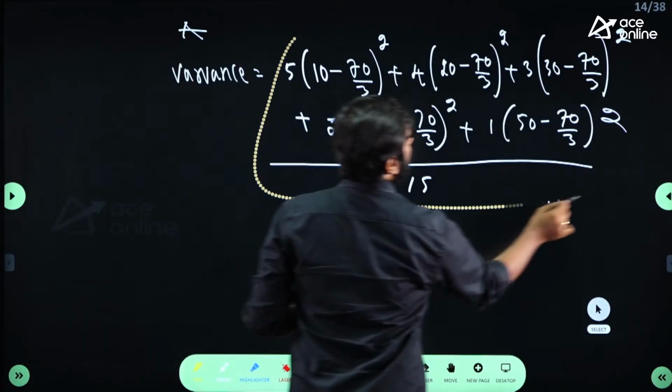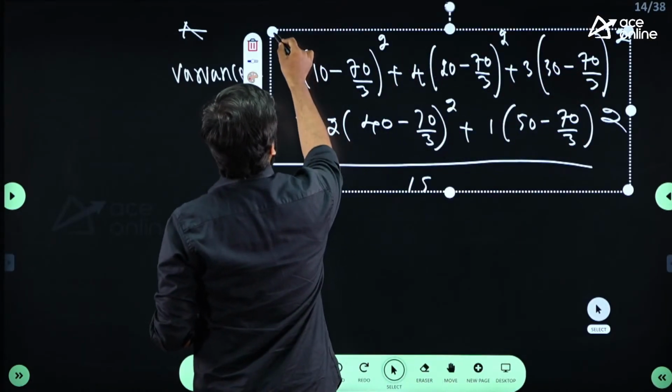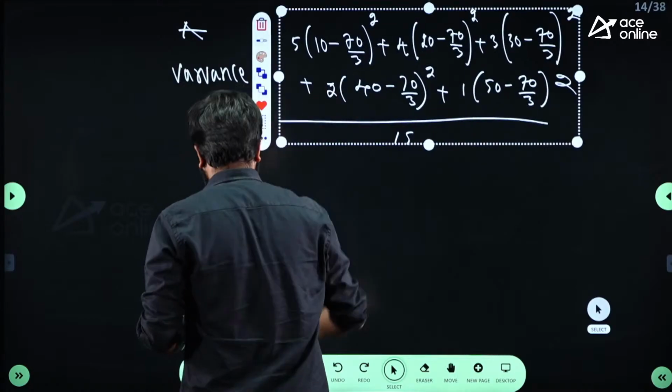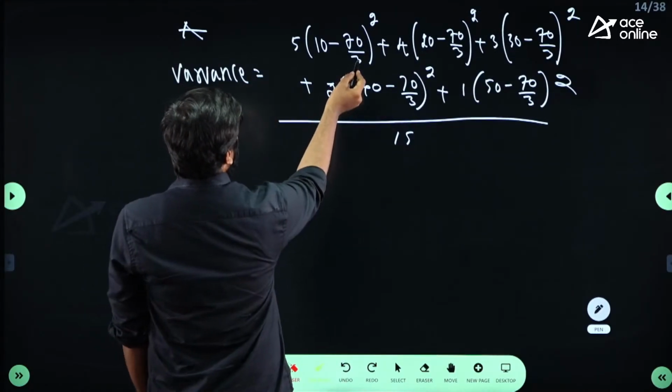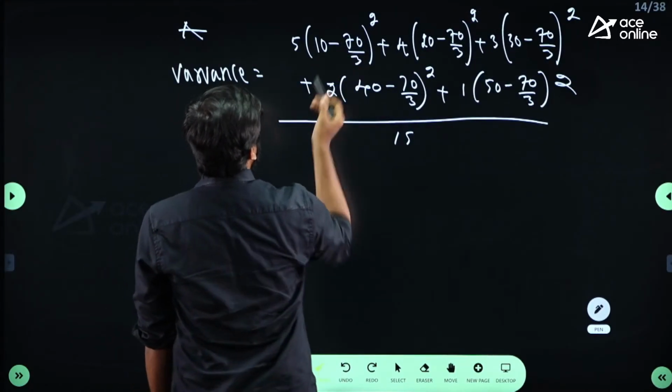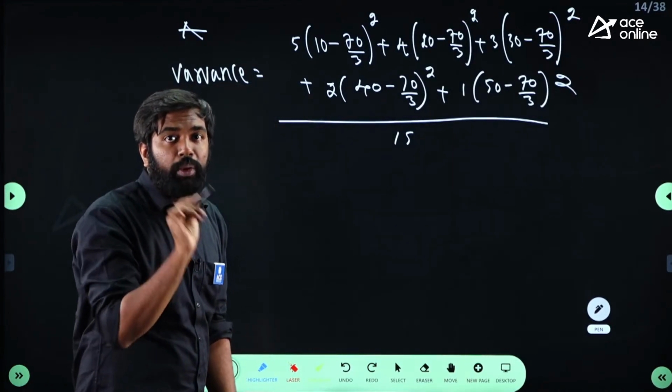I am trying to say that don't get the numerical value, but simplify this. If you simplify, what happens? This 3 goes here, this is 30 minus 70, which is minus 40, but there is a square.